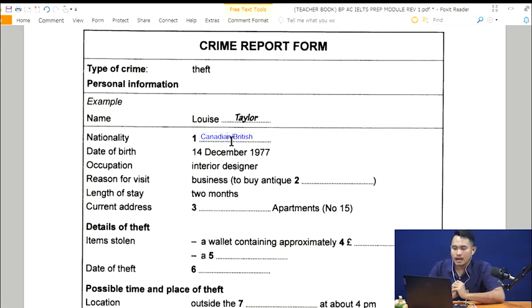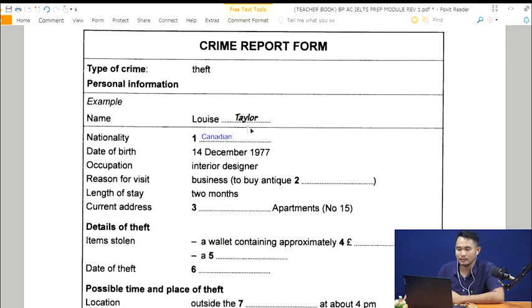Louise mentioned that I'm actually Canadian, but my mother is British. Keep in mind that this personal information is about Louise, so it's not about her mom. So basically the answer is Canadian because that's her nationality, because she mentioned that I'm Canadian. So the distractor here is British, not Canadian.